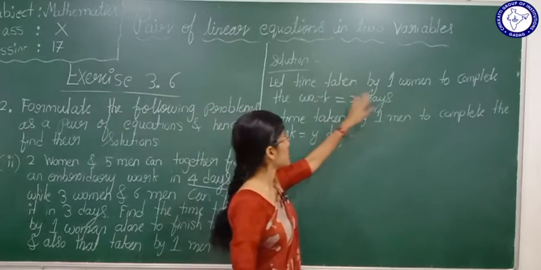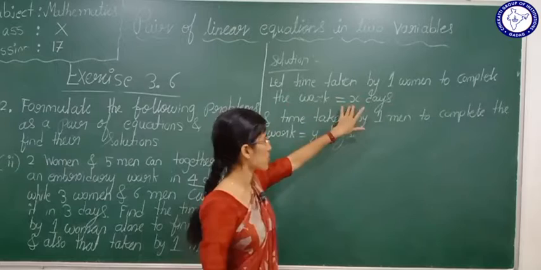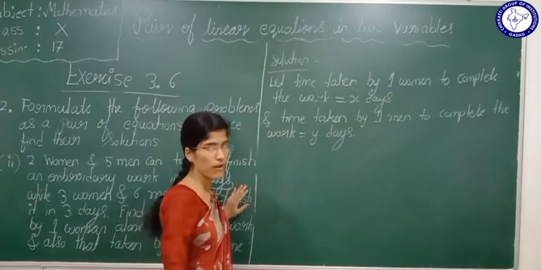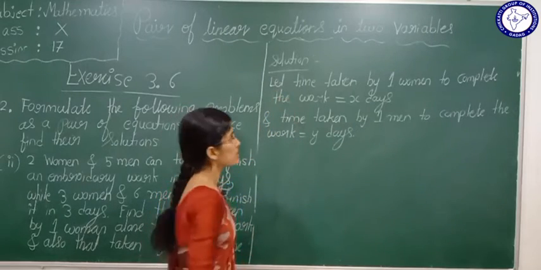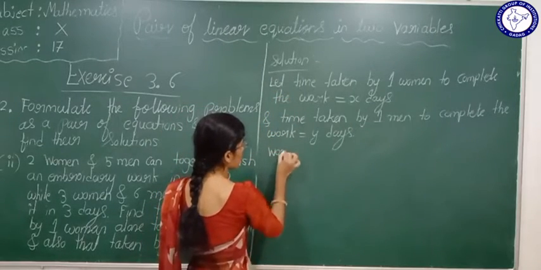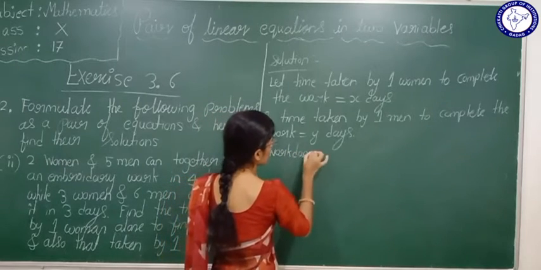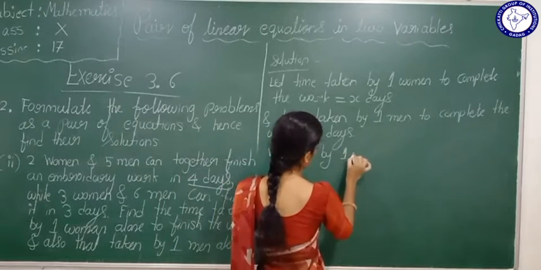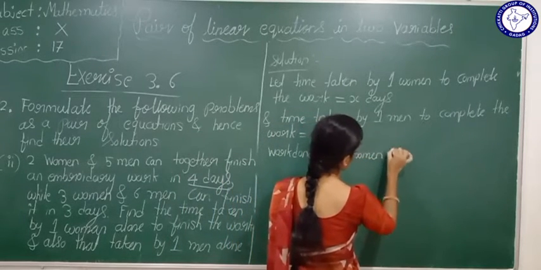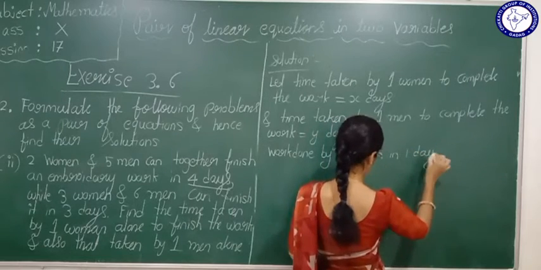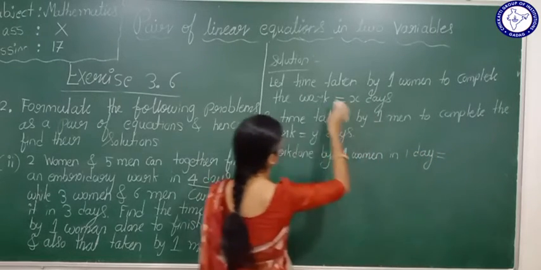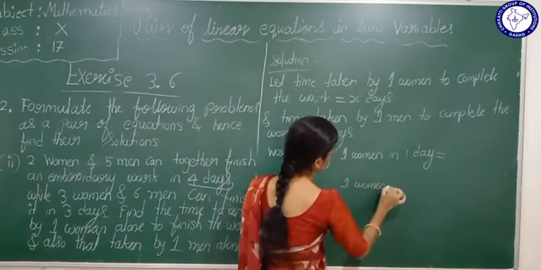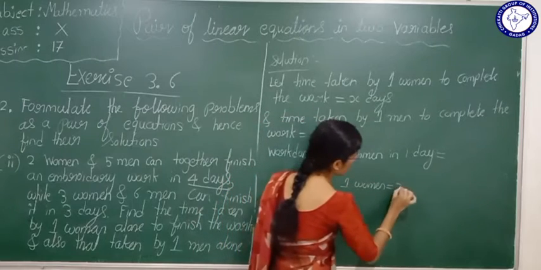Let the time taken by one woman to complete the work be x days and the time taken by one man to complete the work be y days. This is the time taken. So what is the work done by one woman in 1 day, student? The woman takes x days to complete the work.